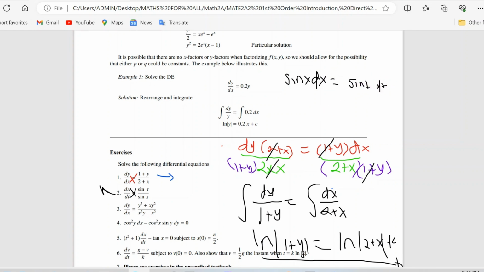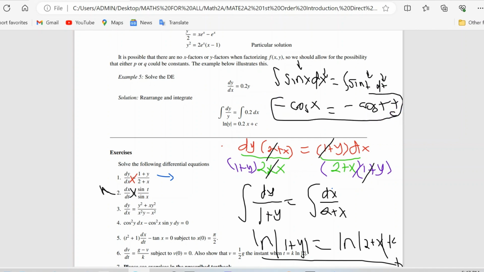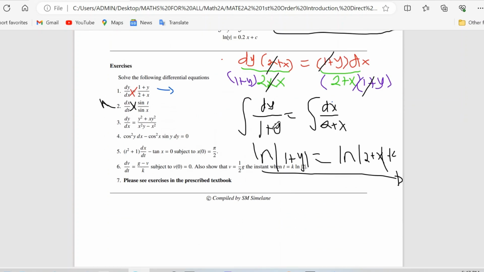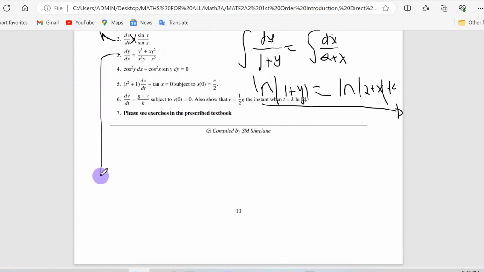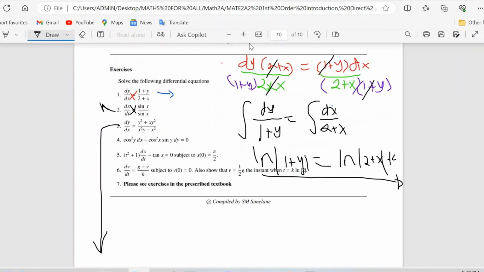From there, direct integration, because x is with dx and t is with dt. The integration of sine x is cos x, equal to cos t plus c. Then it's done. Simple as that.